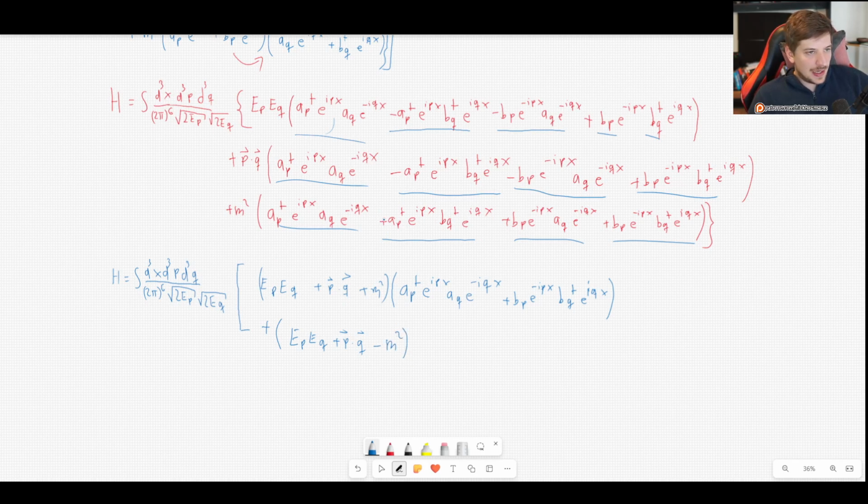Okay, so let's now work on this. So we have to copy these terms. So we get minus a_p dagger e^{ipx} b_q dagger e^{iqx}, and then we have minus b_p e^{-ipx} a_q e^{-iqx}.